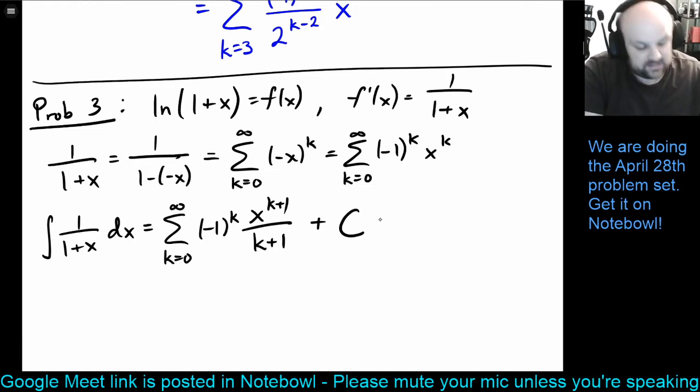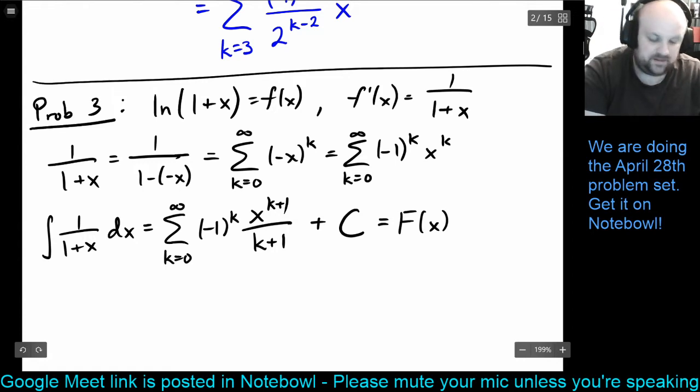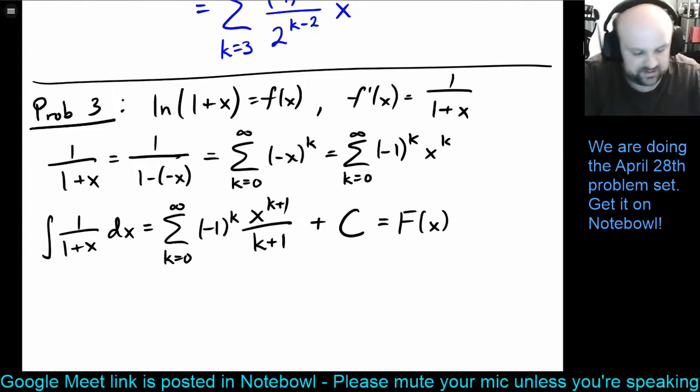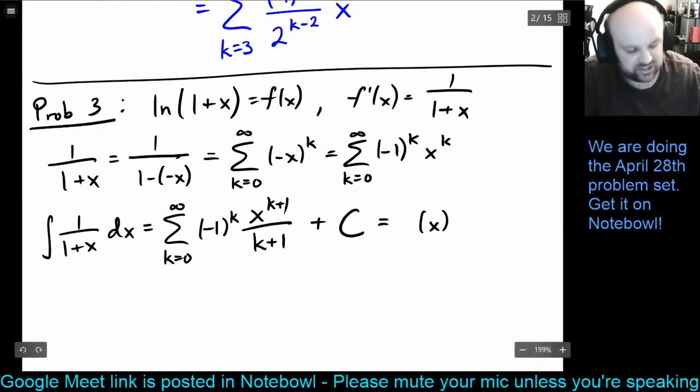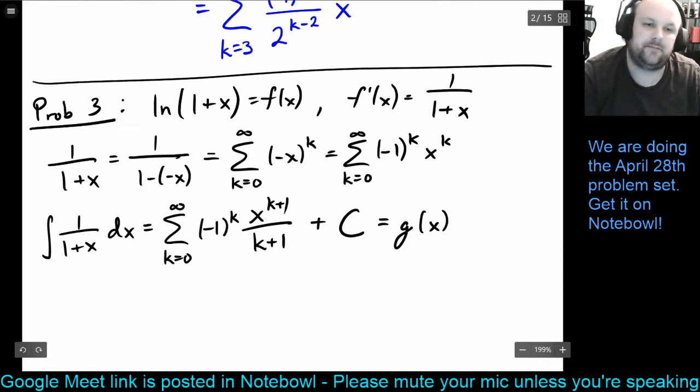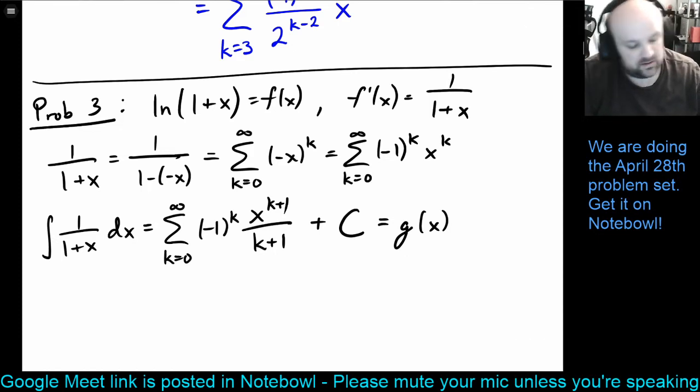Let's call this g of x. So g of x is equal to ln of 1 plus x plus some constant.